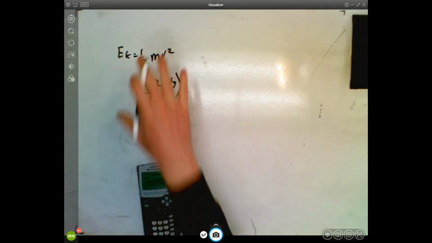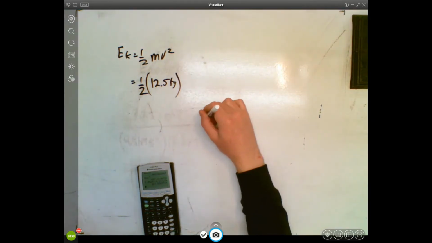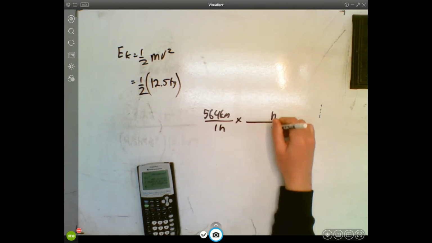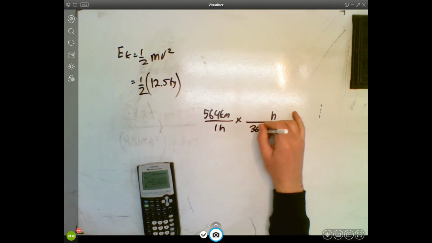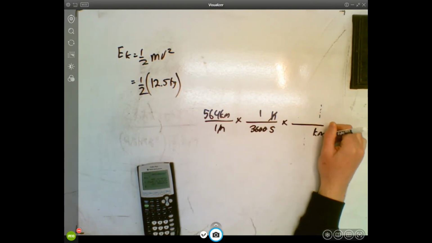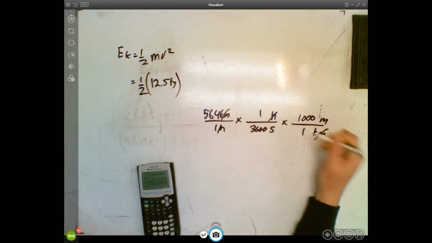So when using this formula, if you got the wrong answer for this, you can't be in kilometers an hour. So we have to switch that 564 kilometers per hour into meters per second. There's 3,600 seconds in 1 hour, and there are 1,000 meters in 1 kilometer.